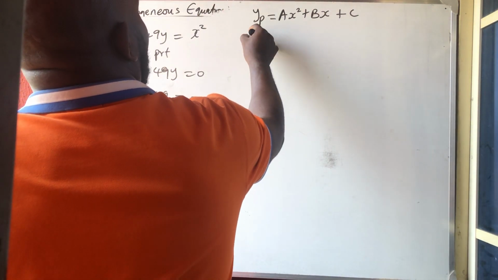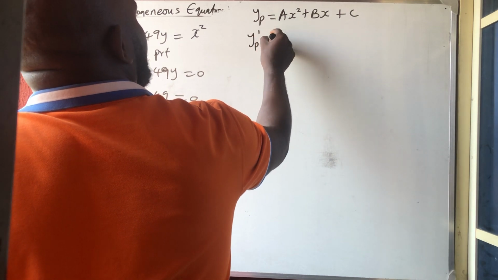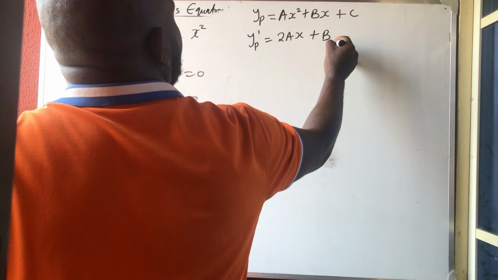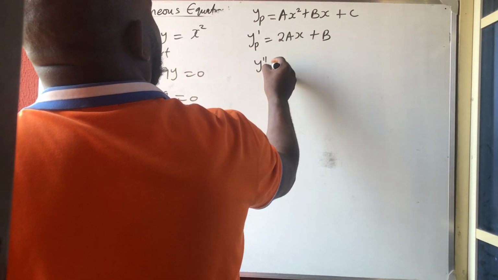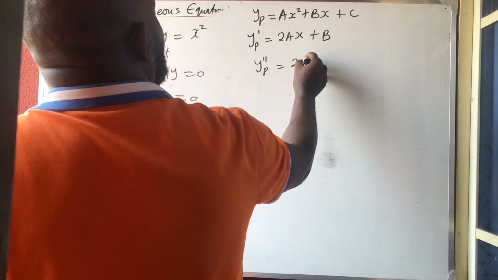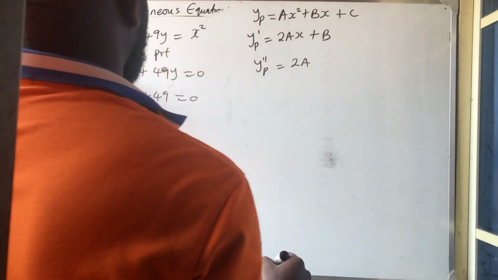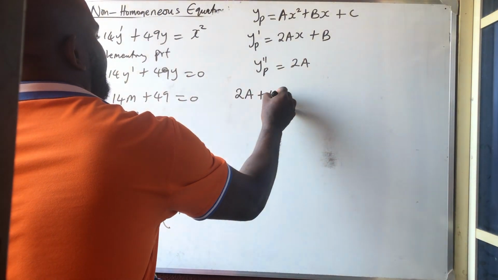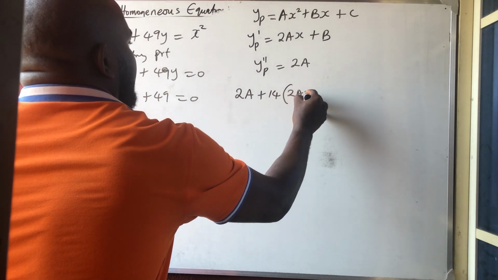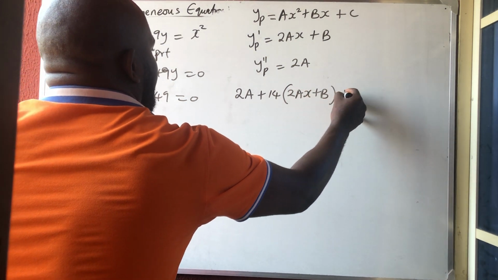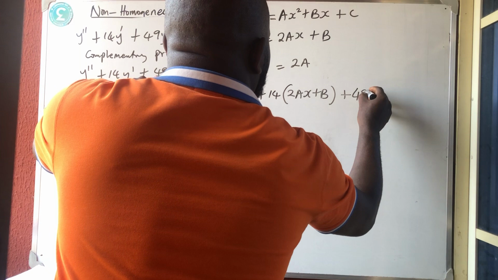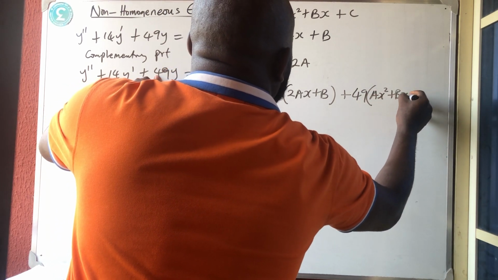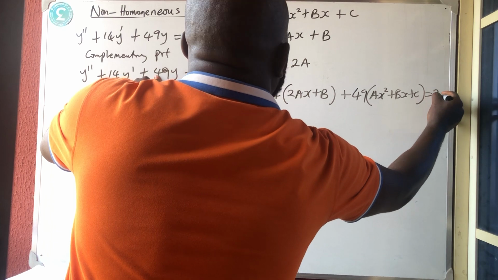Please. So my y prime will be what? 2ax plus b. My y double prime is equal to what? 2a. So substitute it here. If you substitute here, I'm having 2a plus 14 bracket 2ax plus b plus 49 bracket ax squared plus bx plus c is equal to what? x squared.